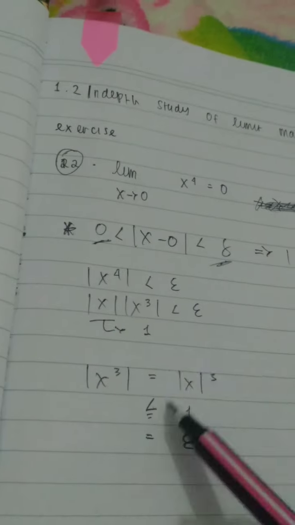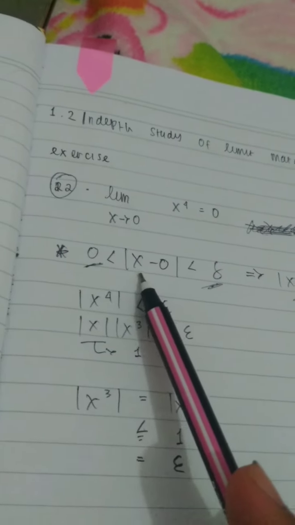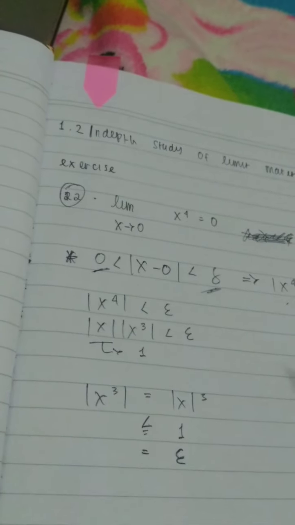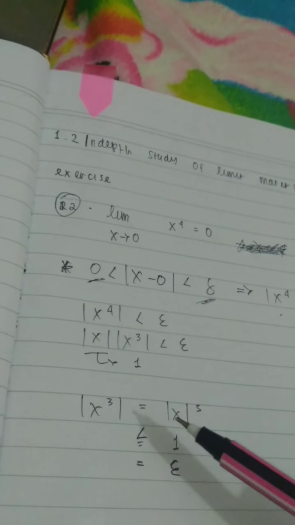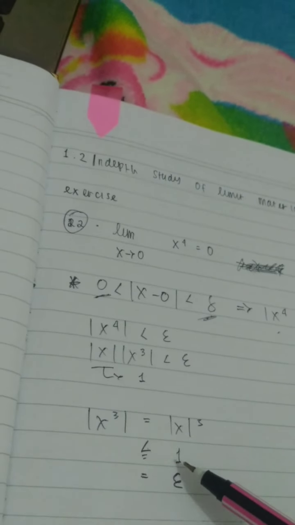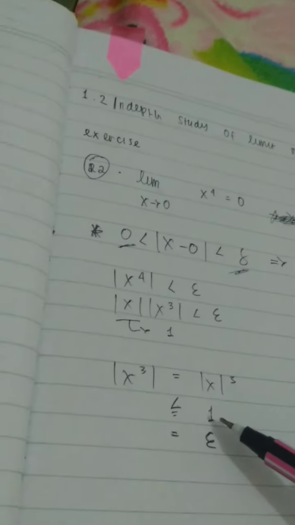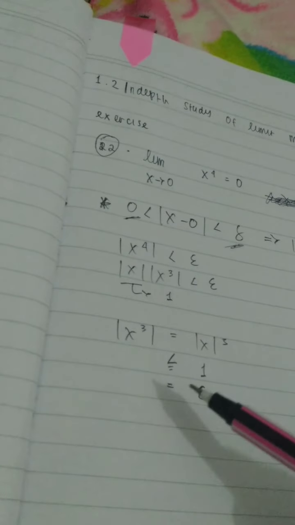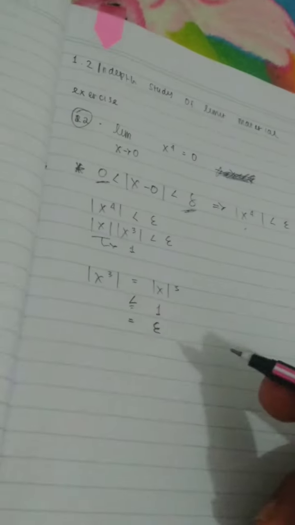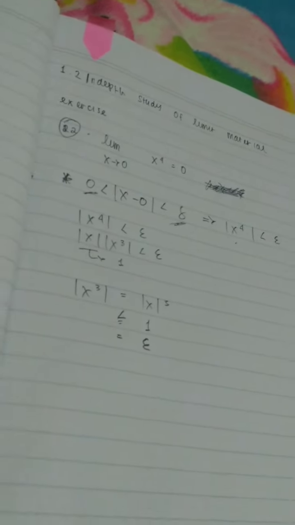We know that x is higher than 0 and less than delta, which means x³ is less than 1, which is the same as epsilon. So from that we know that x³ is less than epsilon.